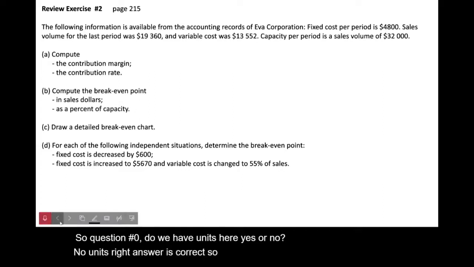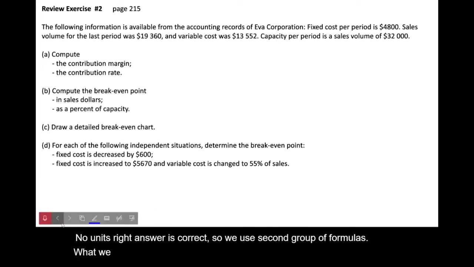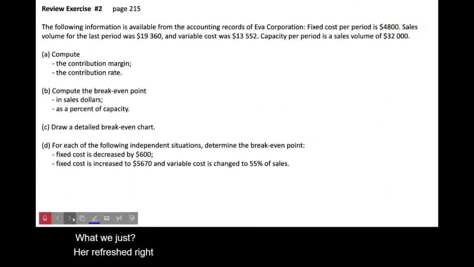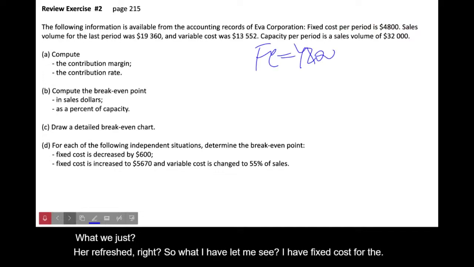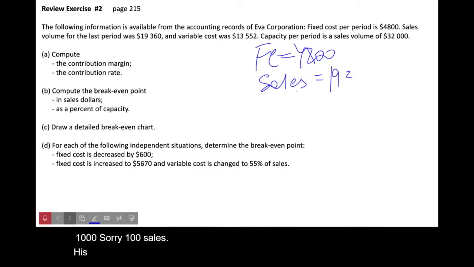So we use a second group of formulas, what we just had refreshed, right? So what I have: fixed cost 4,800, sales is 19,360.